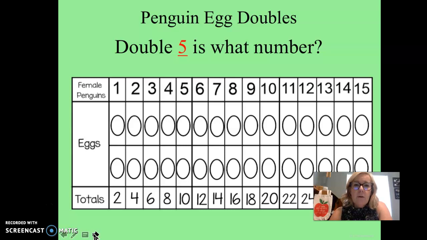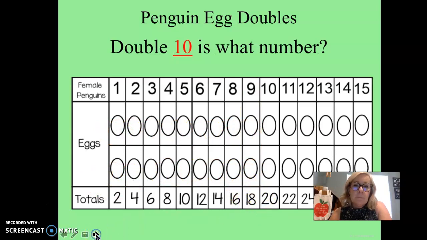Double 5. What is that number? 5 plus 5 equals 10. Double 8. 8 plus 8 equals 16. Double 9. What is the number? 9 plus 9 equals 18.